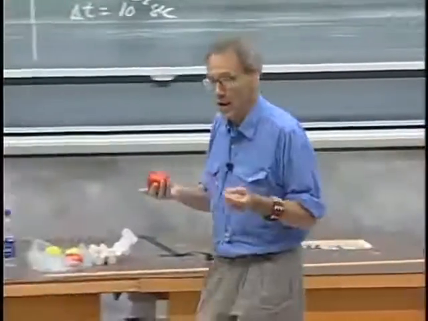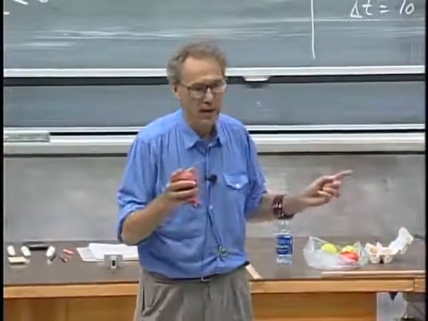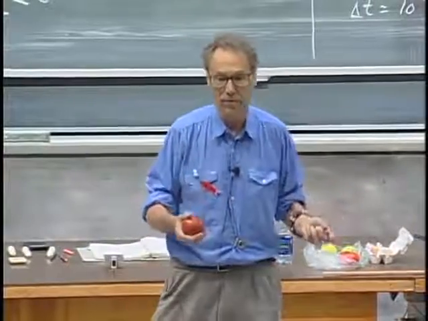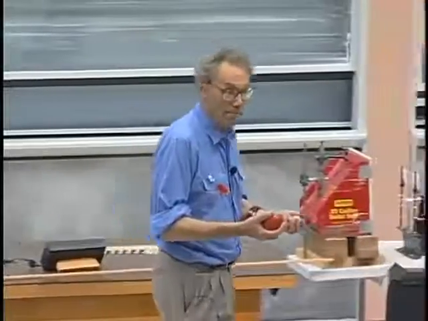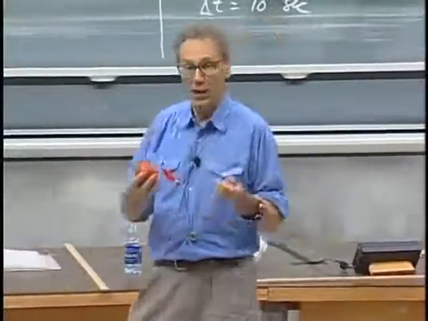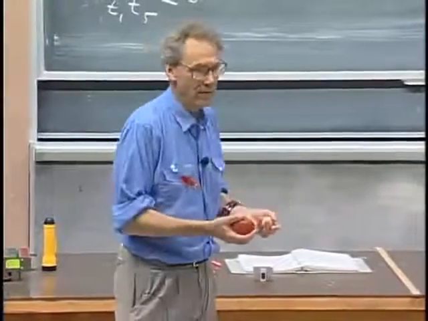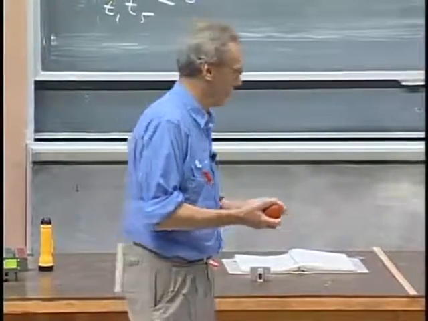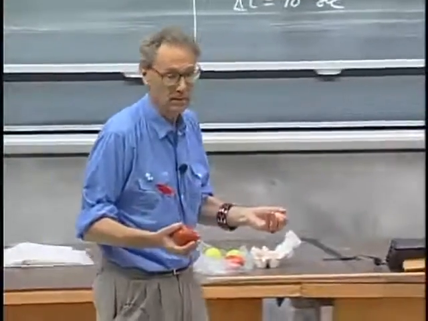So therefore, the change in velocity would not be 10, apart from the sign that you have to think about, but it would only be 5 meters per second. The impact time would probably be much longer, maybe a quarter of a second. So therefore, the average acceleration during the impact would then be only 5 divided by 1/4, something like 20 meters per second squared.